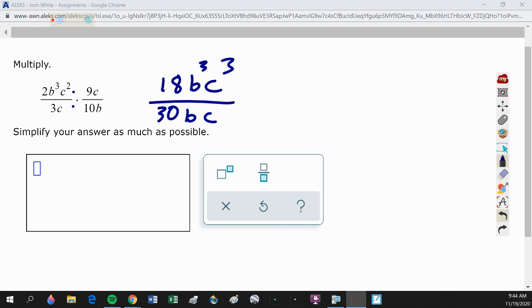And then I could simplify. What goes into 18 and 30? 6. 2 does work, but 6 is a better option. So 3 and 5. What happens to the b's? So 1 on the bottom cancels 1 on the top. This becomes a 2. And the same with the c's. So in total, I end up with 3b squared c squared over 5.